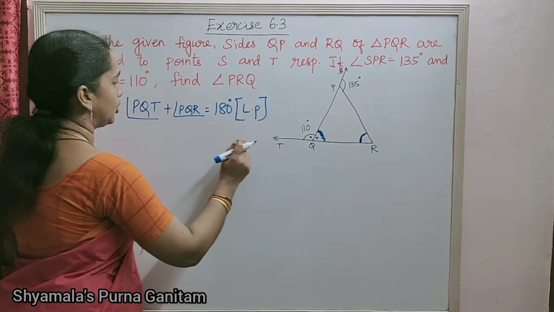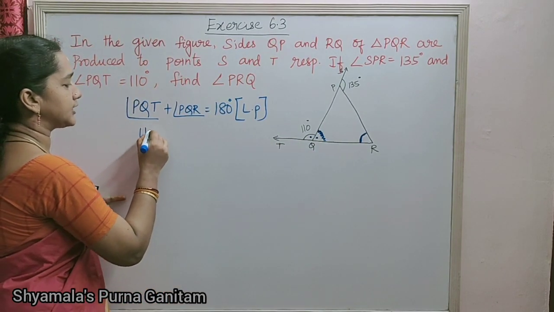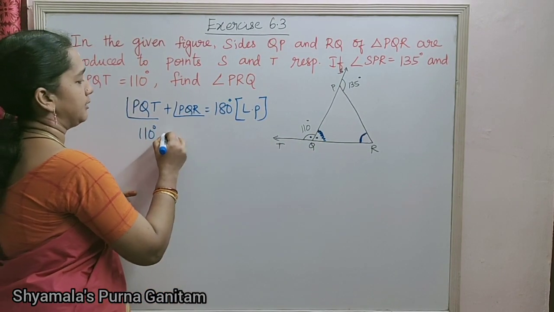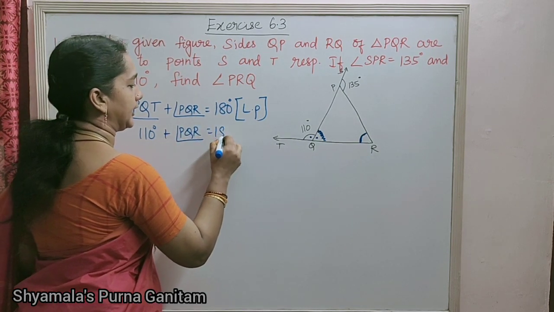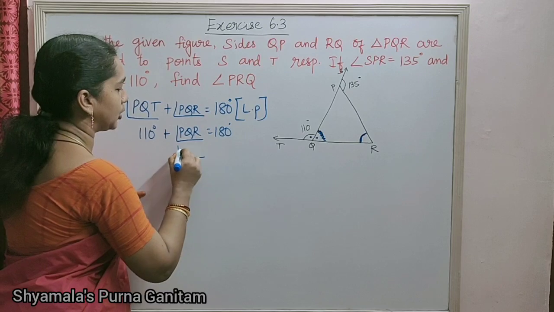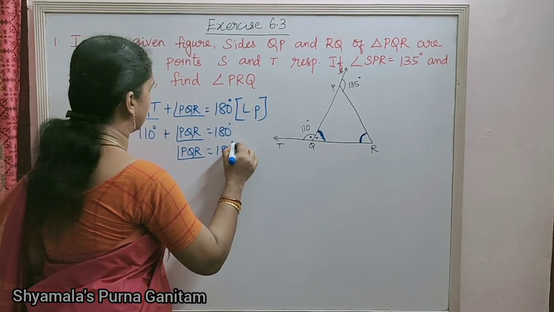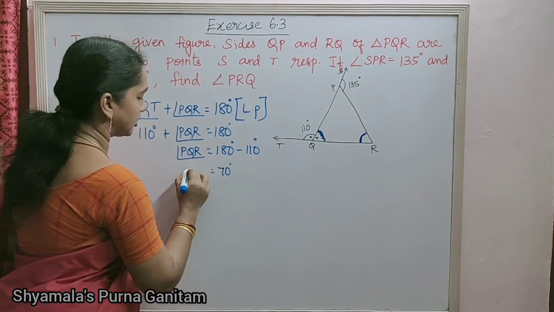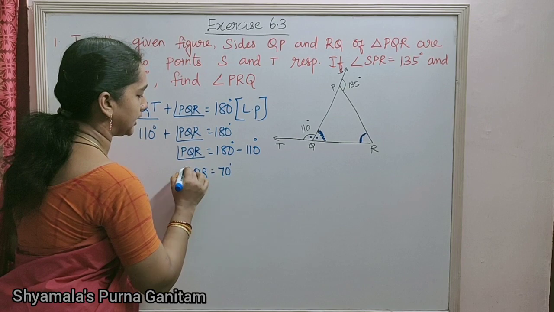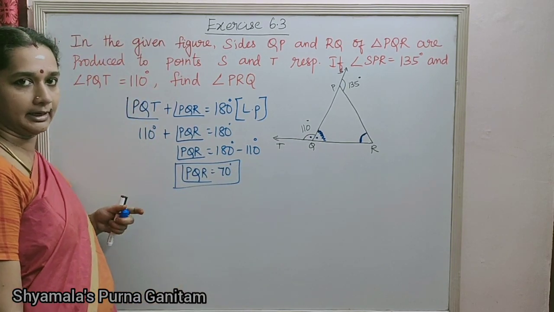PQT is given as 110 degrees plus angle PQR is equal to 180 degrees. So what is our PQR? Angle PQR is equal to 180 minus 110, that is equal to 70 degrees. So angle PQR is 70 degrees.